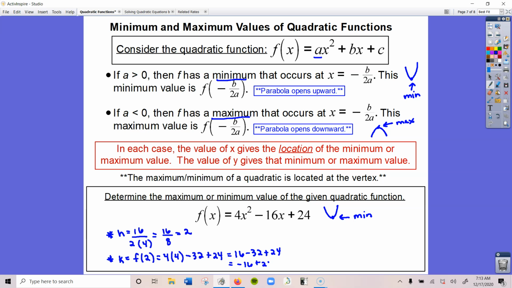And negative 16 plus 24 gives me a positive 8. So our minimum occurs at 2, 8.